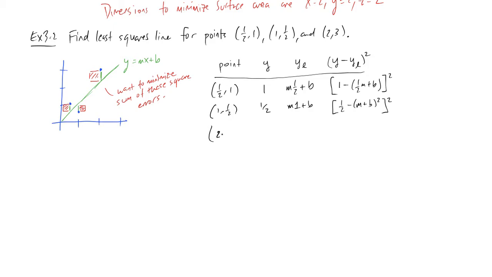And then the last point, (2, 3), has a y value of 3 and a predicted y value, least squares line value, of m times 2 plus b. So we'll get 3 minus (2m plus b) squared. Oops, I just saw that I put a square in both places there. So it needs to look like that.